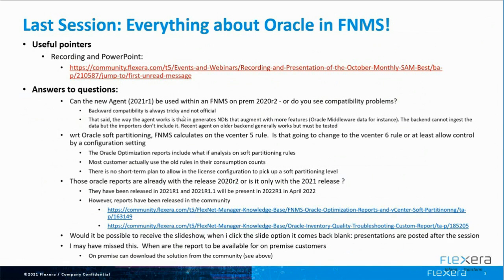For instance, if we add some, let's say, container information, because the script that ingests the NDI files in Inventory Manager does not try to catch the container data, while the Inventory Manager backend doesn't have the ability to store container information, there will be no error. The data will just stay in the NDI unused.